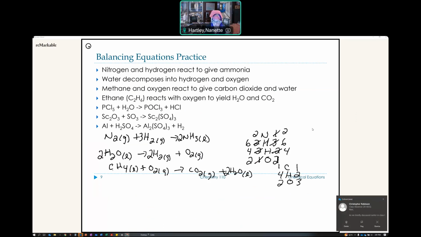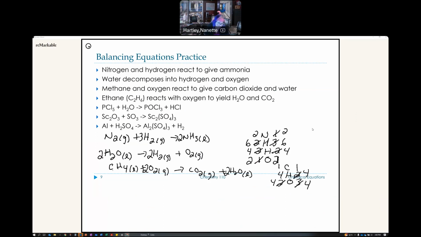So this is now changed to 4, and I've changed the oxygens to 2 plus 2, that's 4. Since I have O2, I can put a 2 in front of that, and that is now 4. And yay, everybody's happy.